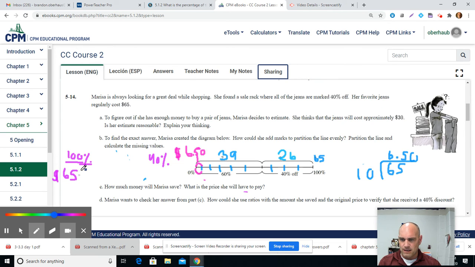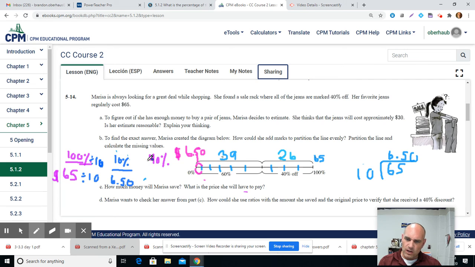I'm going to divide by 10, because if I divide this by 10, that will get me to 10%. Now remember, if I divide this by 10, I also have to divide this by 10. So 65 divided by 10, remember when I divide by 10, I just move my decimal one place to the left, makes this 6.50.